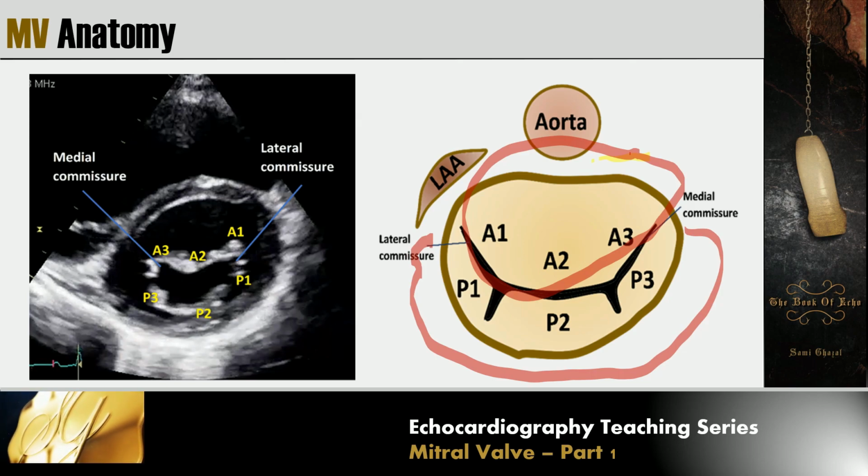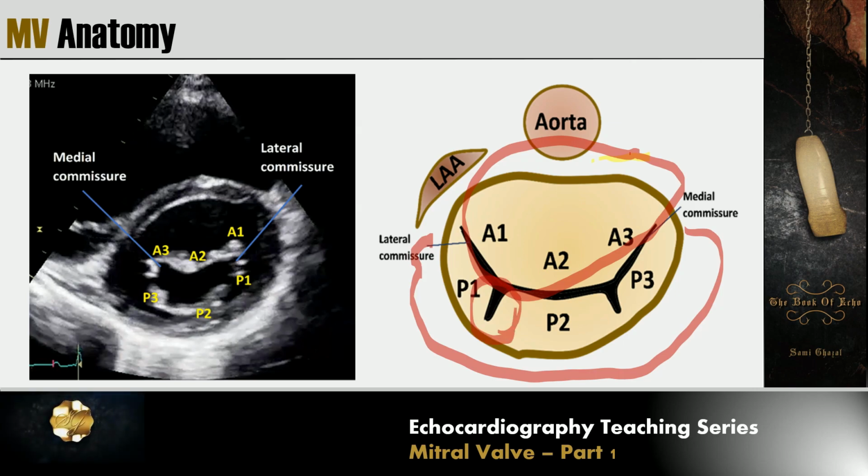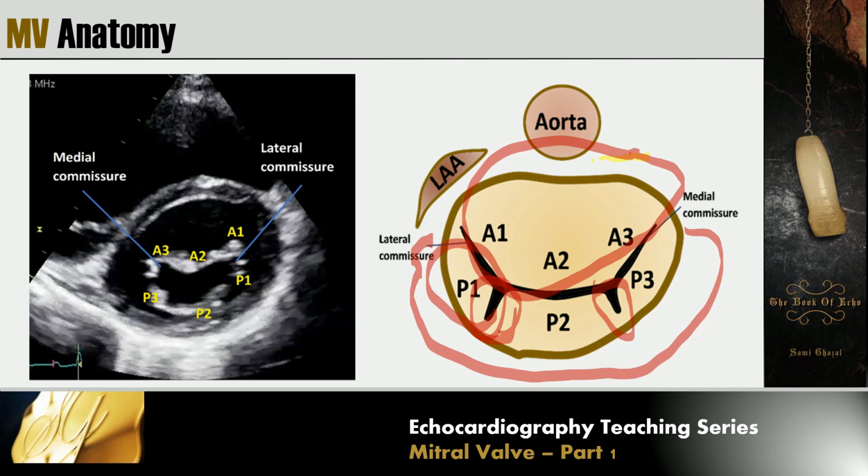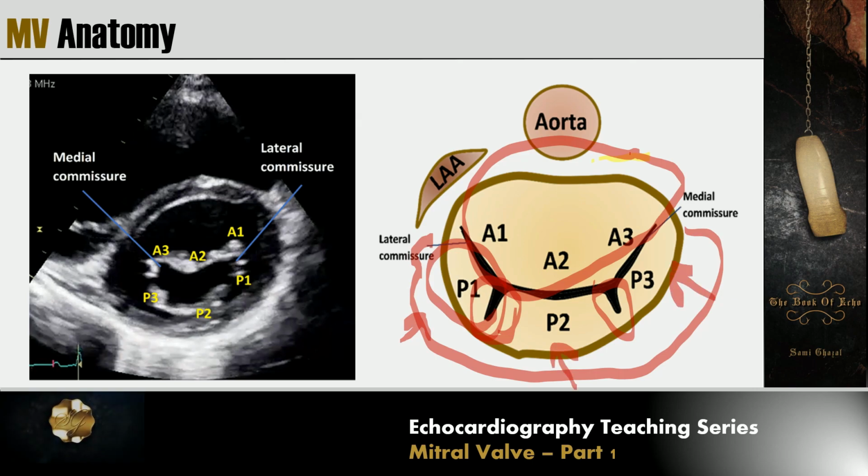And the posterior leaflet has three scallops that are separated from each other by indentations. So we have P1, which stands for the posterior one, and we start counting from the lateral. So P1, P2, and P3 scallops.